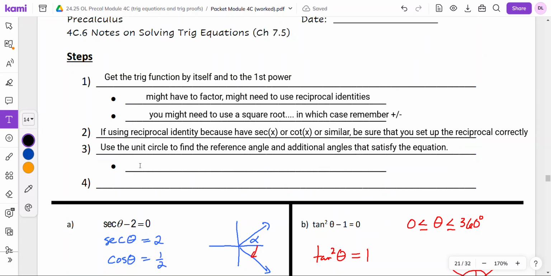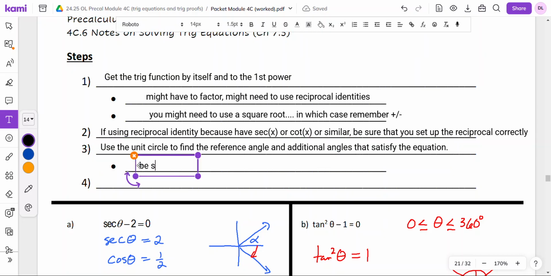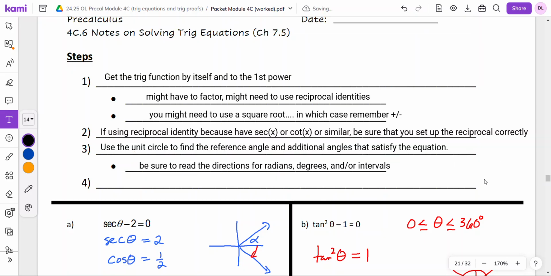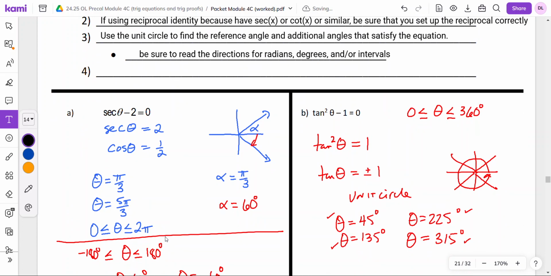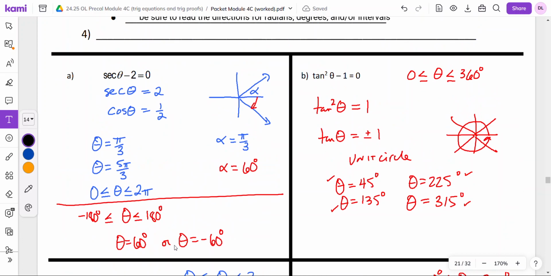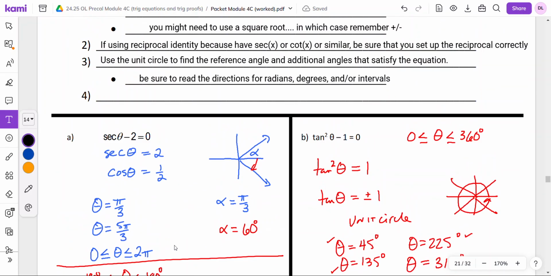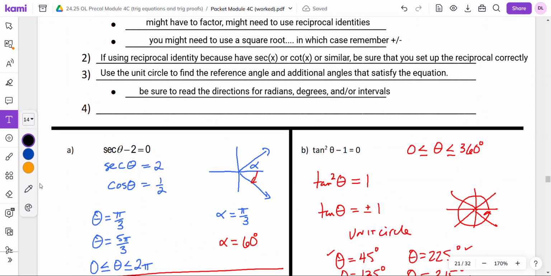In that case, be sure to read the directions for radians, degrees, and or intervals. So am I going to be saying that my interval is from 0 to 360 degrees? Am I going to be saying that my interval is from -180 to 180 degrees? That is important about what we have and how we have it.